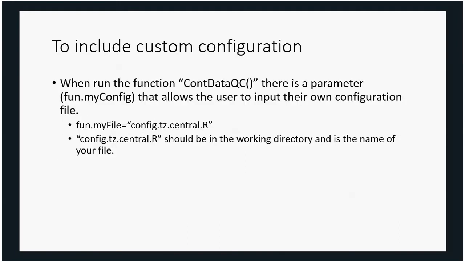To include a custom configuration when you run ContDataQC, there's a parameter, fun.myConfig, that lets you set your own parameters. The biggest thing would probably be if you're in a different time zone. The dataRetrieval package for R assumes that the data you're downloading is in the same time zone as what's on your computer.